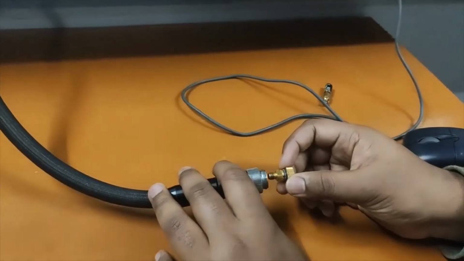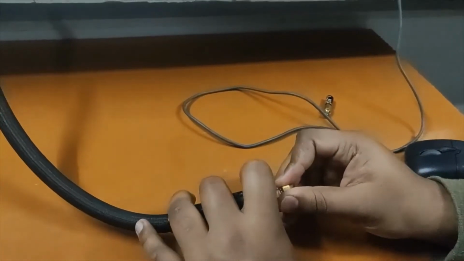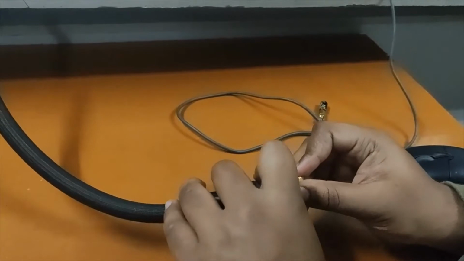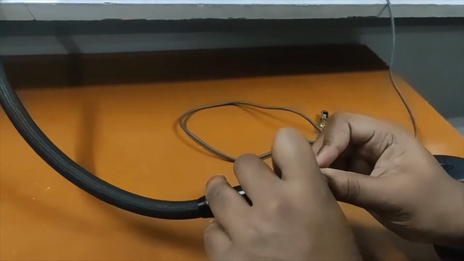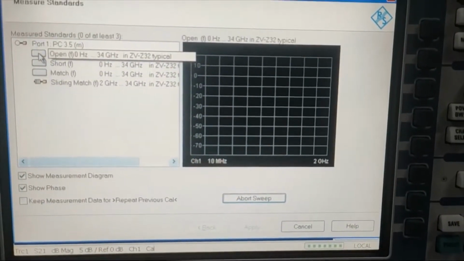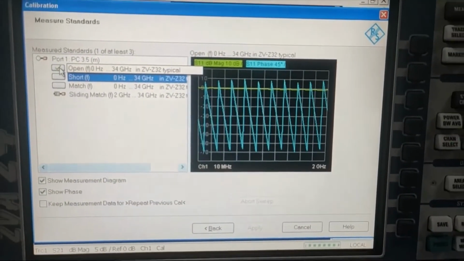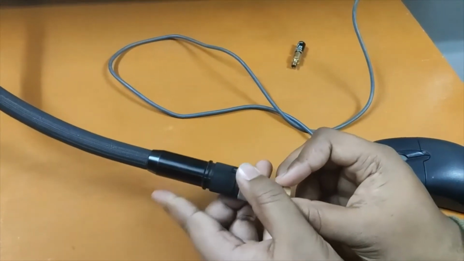Now we are connecting the open load to the port 1. Now we are connecting short to port 1.